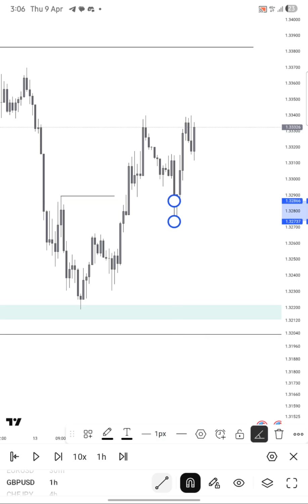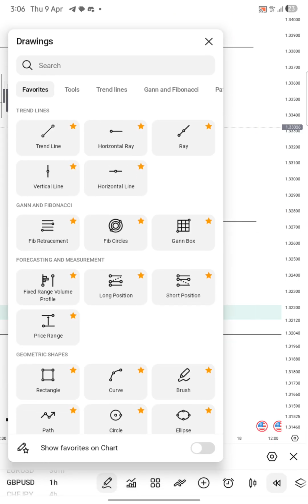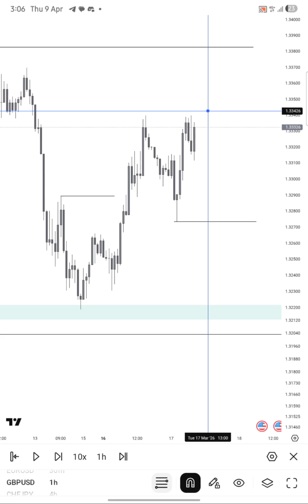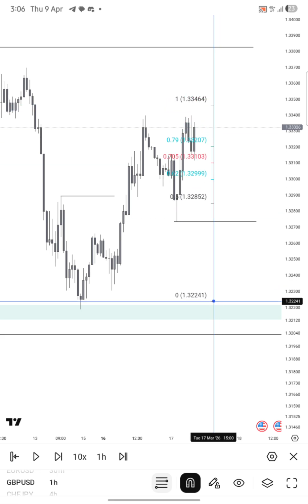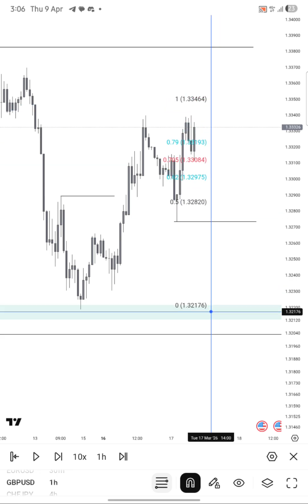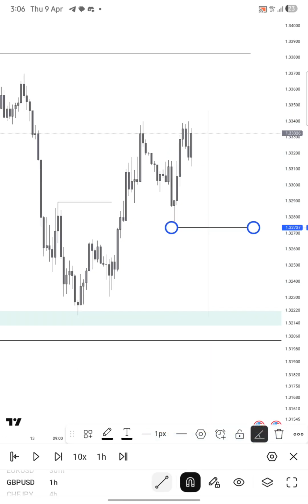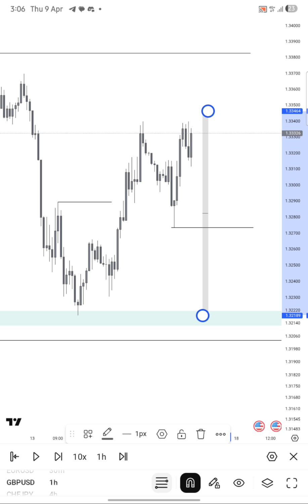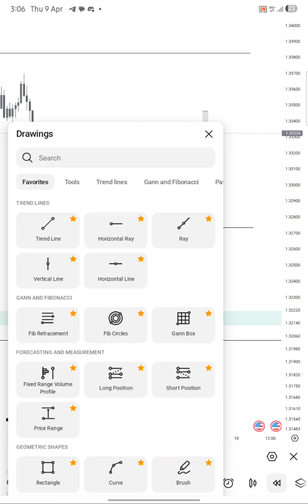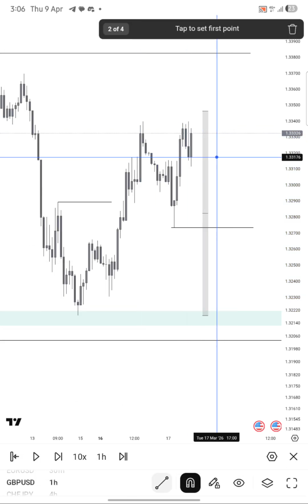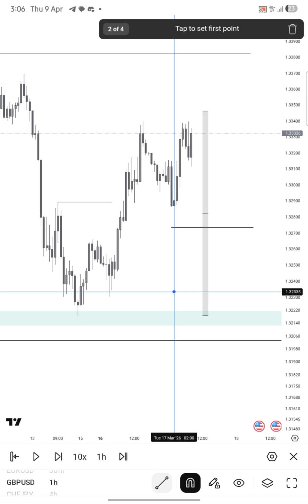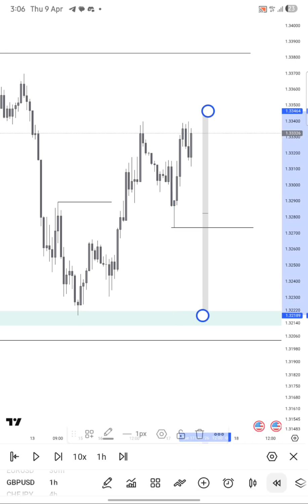When they break this low, we will have a new dealing range on the lower time frame, which could be like this, from the high to the low, like this. From the low to the high, we will have a new premium and discount for the 1 hour time frame, and buy from the discount.